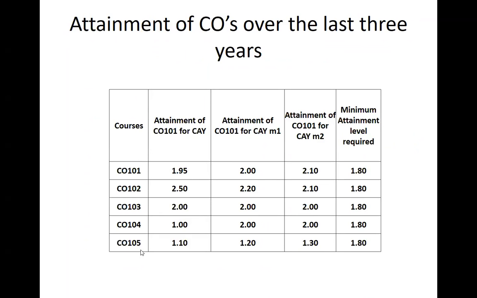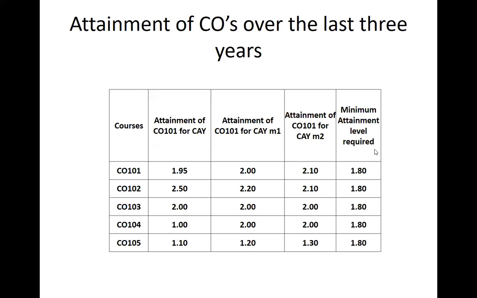So you have to tabulate the course outcomes. These are the course outcomes of different subjects. So this is course outcome for subject 1, subject 2, subject 3, subject 4, subject 5 in the first year. This is the attainment of course outcome for subject 1 in the current academic year, current academic year minus 1, current academic year minus 2.